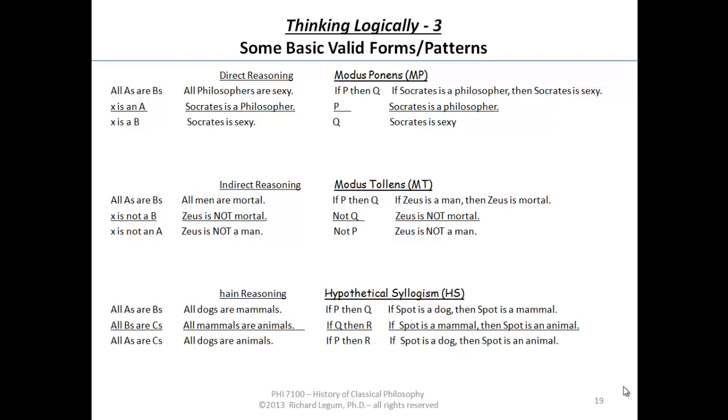His two premises let you infer the third. So if Spot's a dog, then Spot's a mammal. If Spot's a mammal, then Spot's an animal. Therefore, if Spot's a dog, then Spot's an animal. If P, then Q. If Q, then R. Therefore, if P, then R.